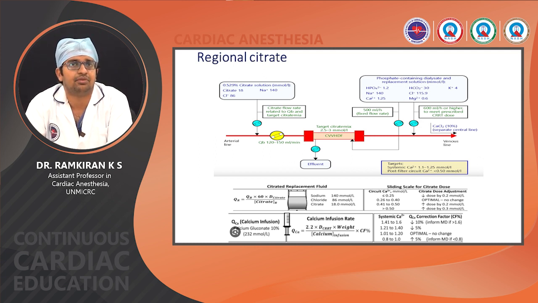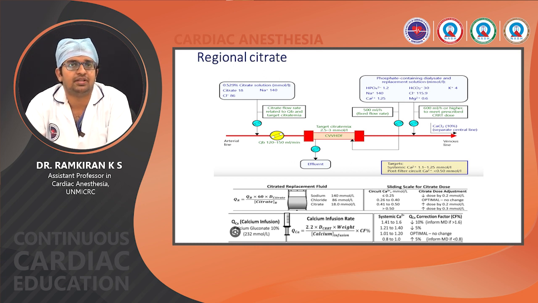So the calcium goes into the filter and comes out of the filter. Post filter, normal calcium in our plasma is around 1.1 to 1.2, but because of this citrate we are reducing it; the target calcium should be reduced to less than 0.5. So that should be our target.